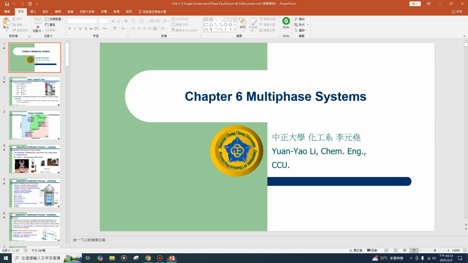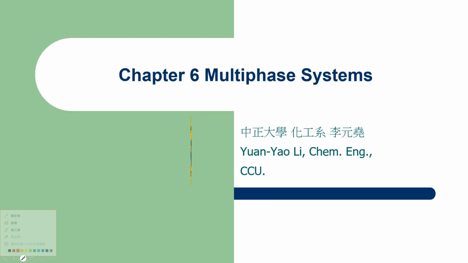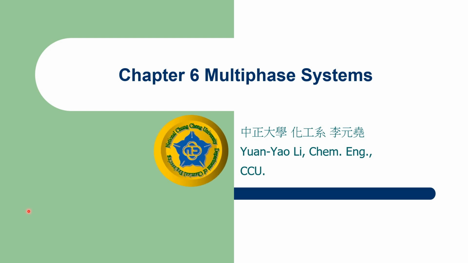Right, okay. So now let's move to Chapter 6. Chapter 6 is multi-phase systems. So in Chapter 5, we only talked about one phase. It can be gas, liquid, or solid. But now we are going to move to a slightly more complicated system called multi-phase systems.